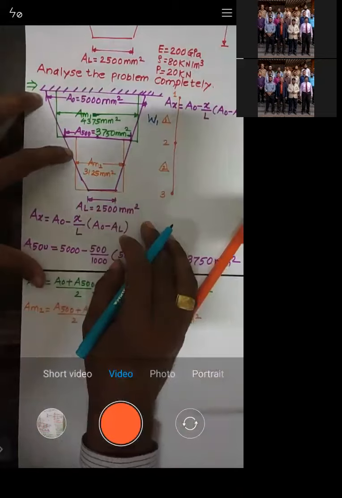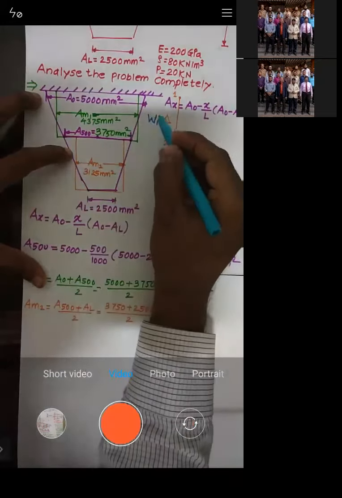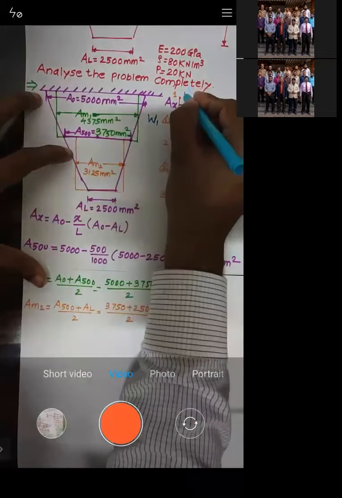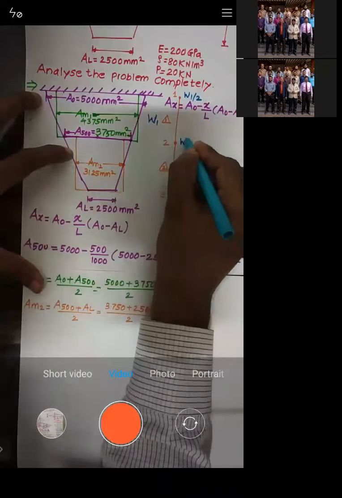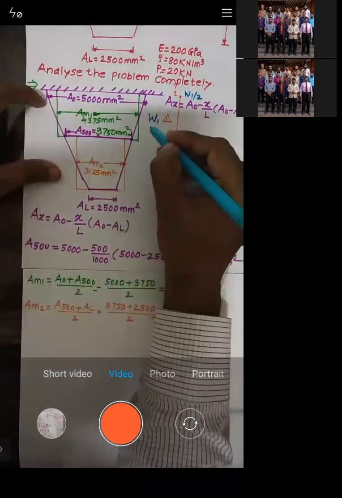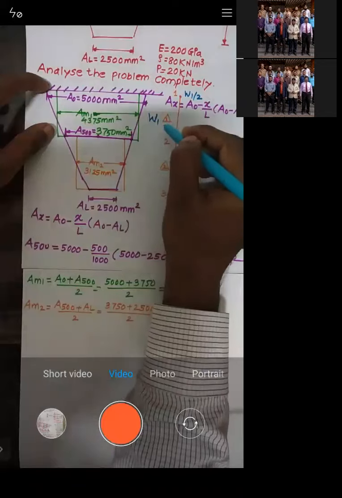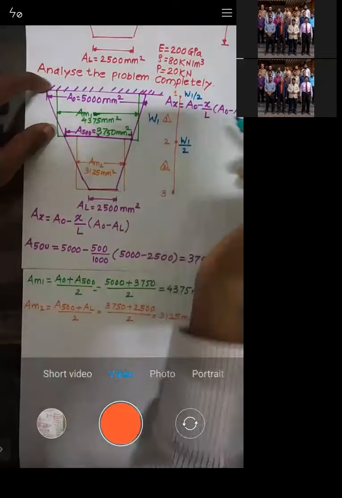If W1 is the weight of element number 1, this W1 will get distributed equally at every node. So W1 by 2 will go to this node and W1 by 2 will go to this node. Half of it will go to node 1 and half of it will go to node 2.